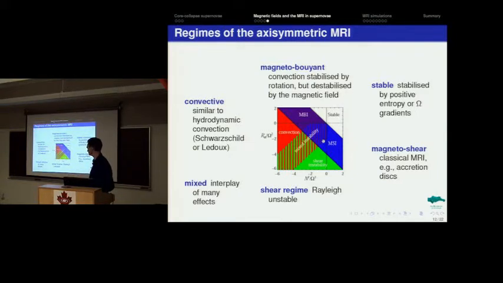So probably it depends, of course, also on things like the scale height and all those thermal length scales and time scales. So the boundary between the blue stripe and the green area at the bottom of the plot is the Rayleigh stability boundary.